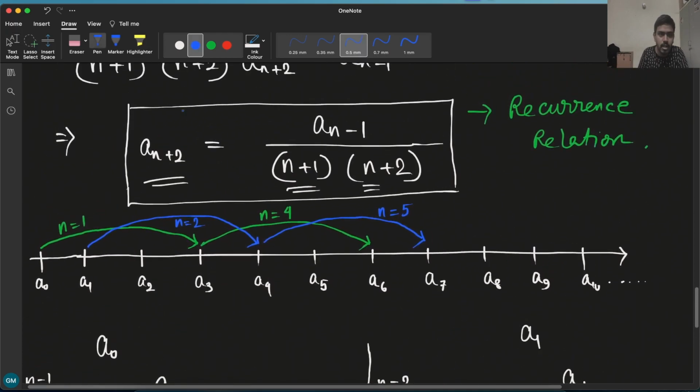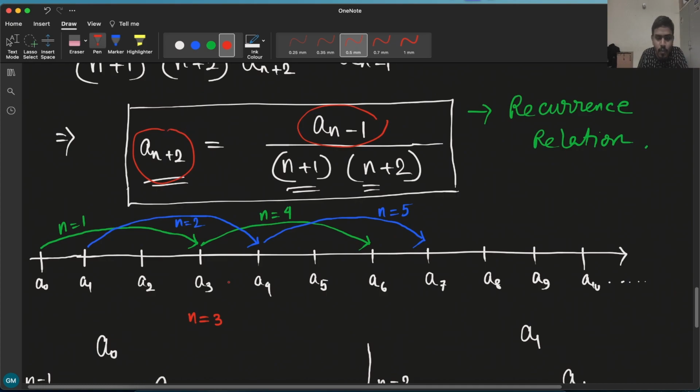Now, someone claims that I know A2. Then where can I go using this recurrence relation? If I put n equals to 3, then this term will be A2 and this term will be A5.